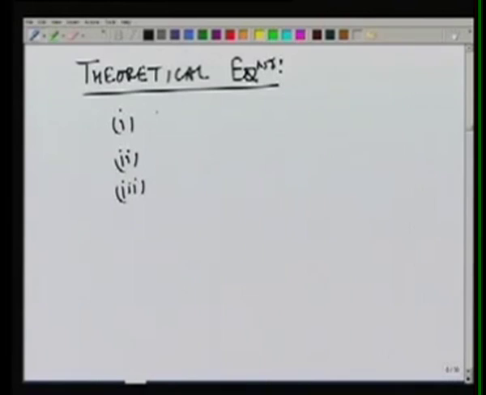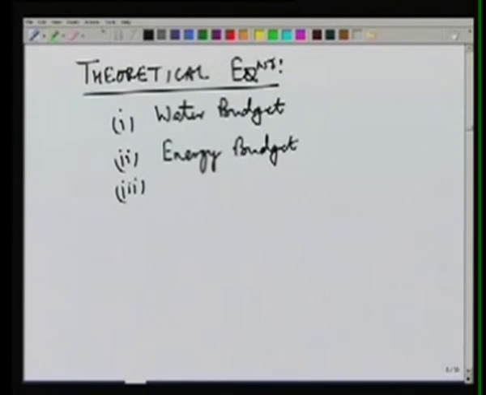The first one is based on the water budget. The second one is based on energy budget. And the third type of theoretical equations can be derived based on mass transfer through turbulent boundary layers.